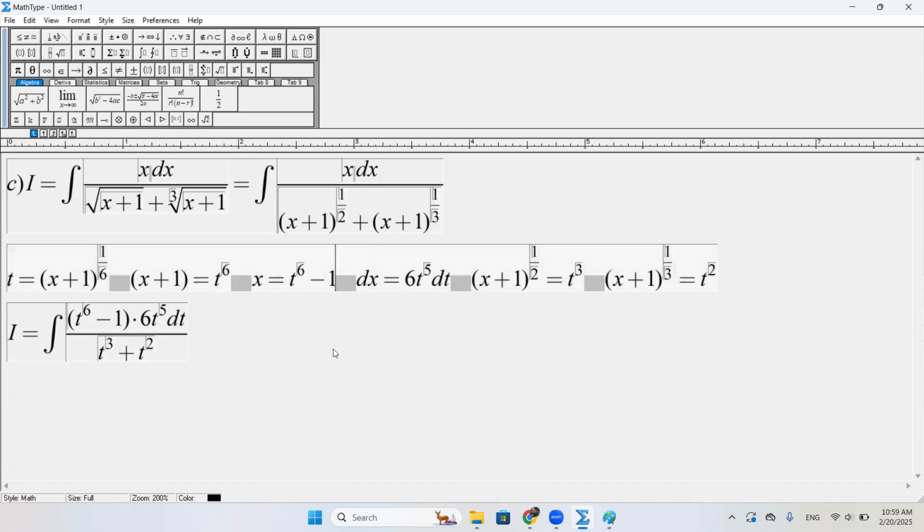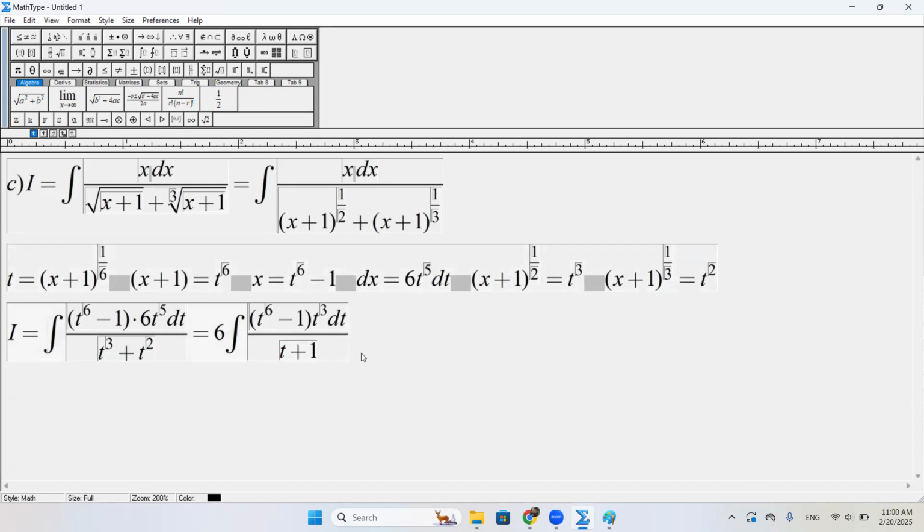So again, we can cancel t in power of 2. We can simplify it, and move 6 out of the integral. So t cube, here is 1, and here is t plus 1.